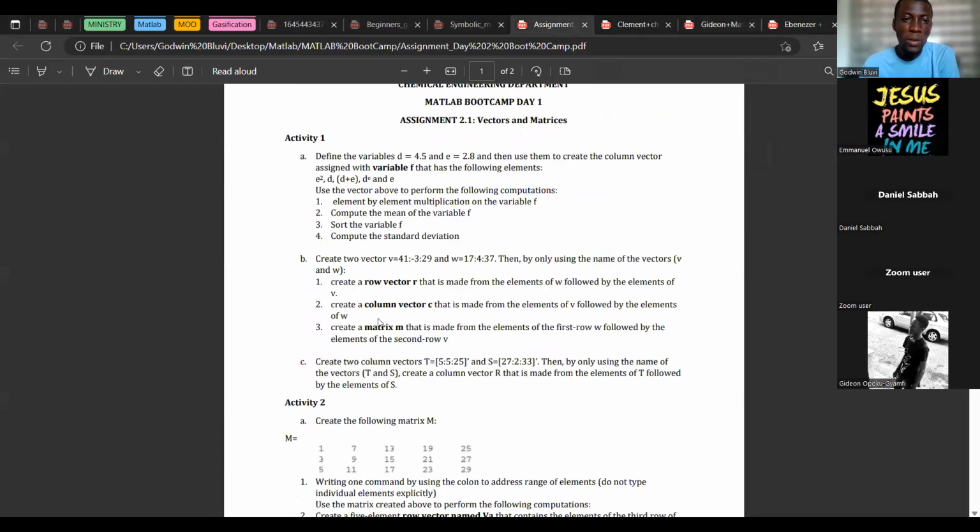The next question was activity B. Create a vector V: 41, negative 3, 29. Then W is 17, 4, 37.